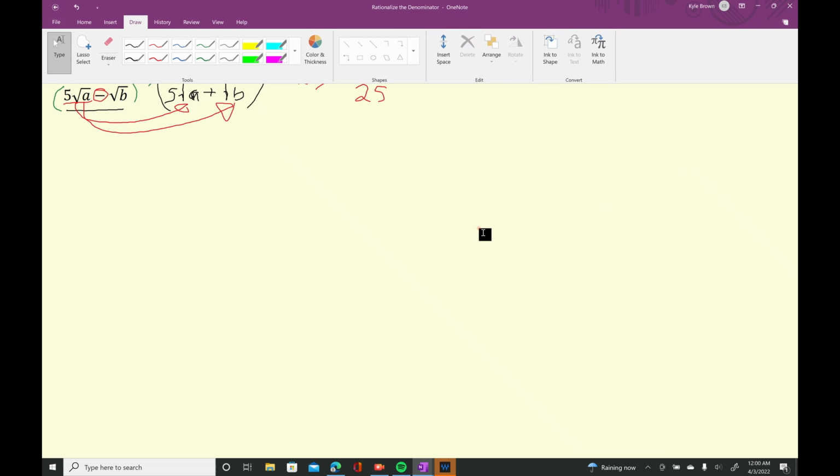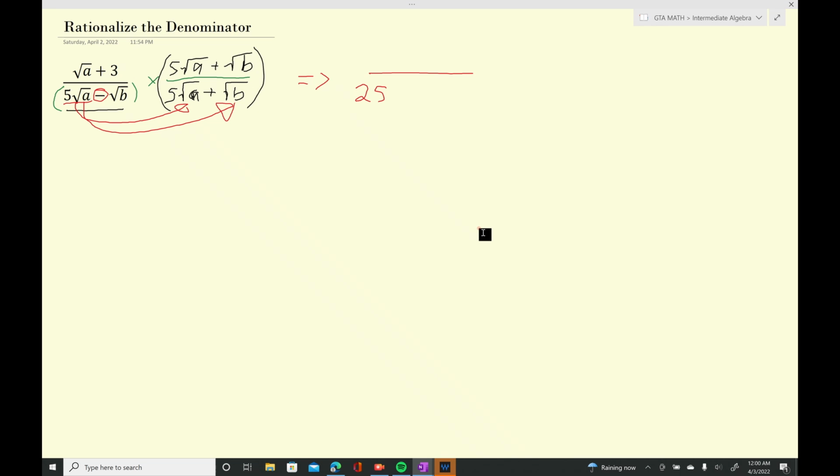But let's get back to taking care of this problem. So this is going to be 25a, and then we're going to multiply 5 square root of a times this square root of b. When we do that, we end up with positive 5 times the square root of a times the square root of b.